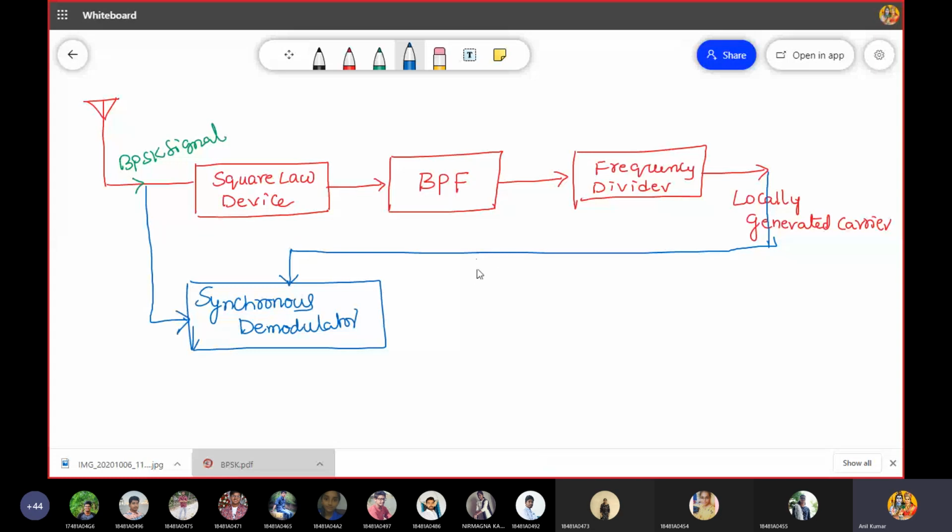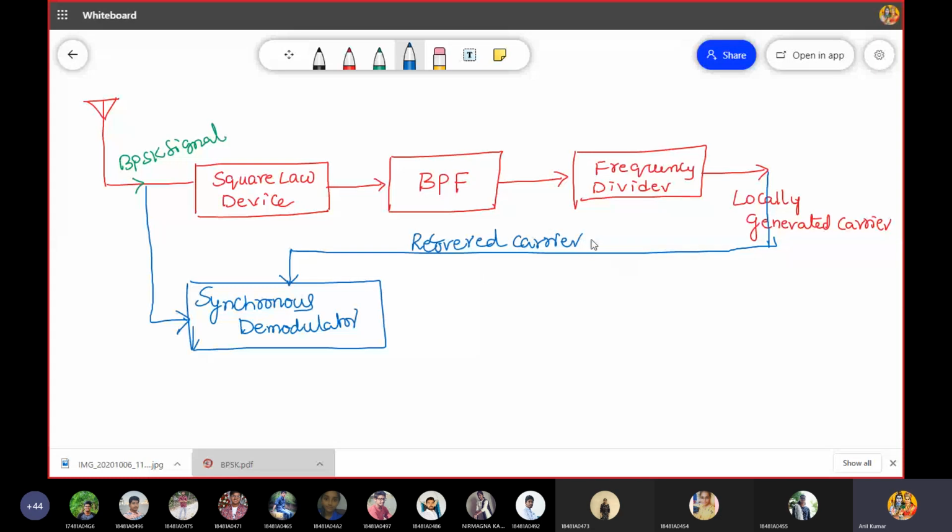So what is the wave equation for this one? This is the recovered carrier signal. So what will be the equation for this one?